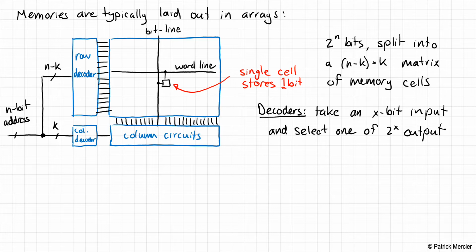Okay, so in a very simplified case, if we were to somehow merge the row and column decoders, or let's say the column circuits, k was equal to 1 or 0, I suppose, as an example, then we would have an n-bit address. There are 2 to the n possible memory cells in there, and so we have to choose one of those 2 to the n memory cells.